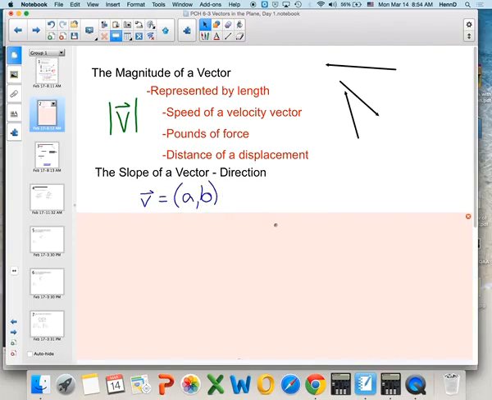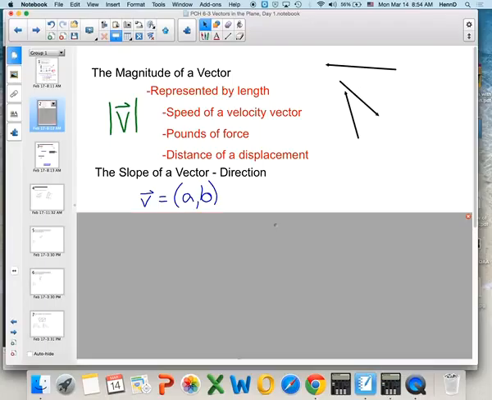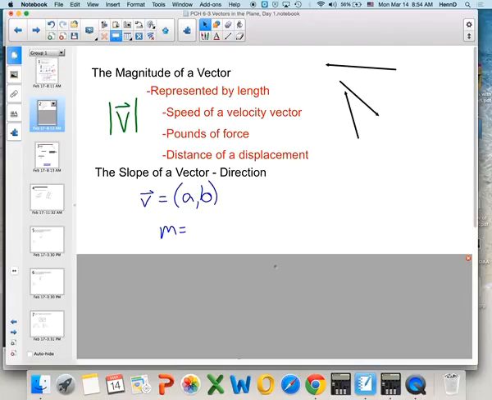Now, another thing that you may have already thought of here, if we have these components, horizontal and vertical components, we can think in terms of direction by considering slope. Okay? Think about our vector v.